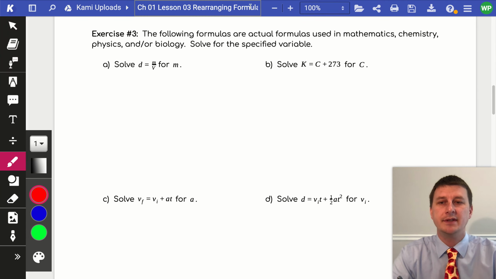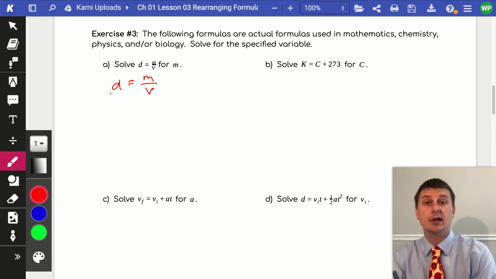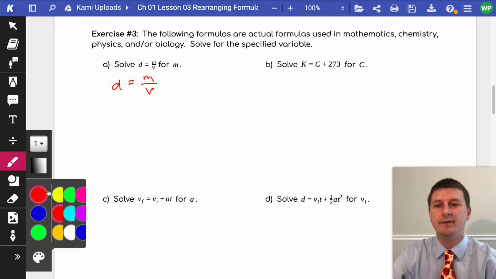So it says solve d equals m over v for m. Now, if we have the formula d is equal to m divided by v, and this is our density formula that you may have seen already so far in your study of science or math, it wants us to solve for m. So we look at how m is not by itself because it's being divided by v.